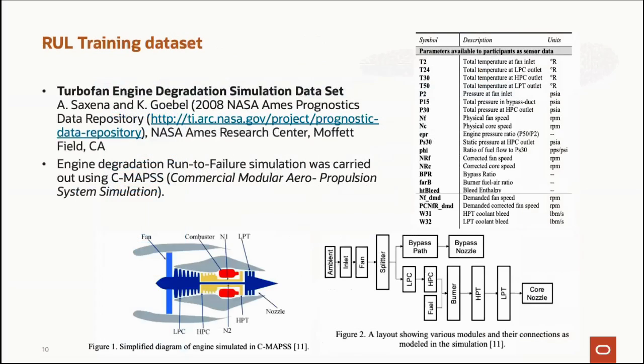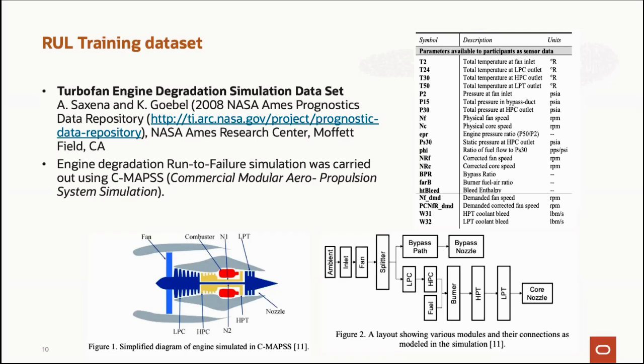Today we'll actually be doing a little bit of rocket science, because our training data set literally comes from NASA. It is the turbofan engine degradation simulation data set that comes from the NASA Ames prognostic data repository. This degradation data set was created by a run-to-failure simulation using a tool called C-MAPSS.